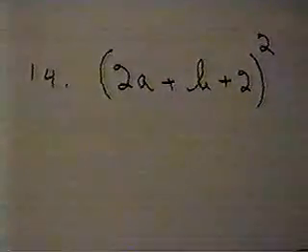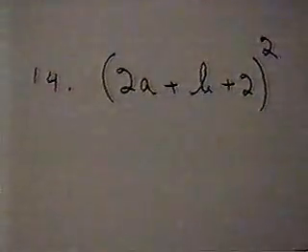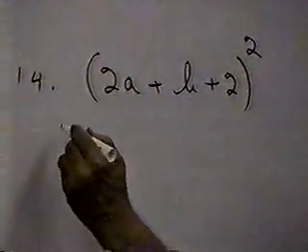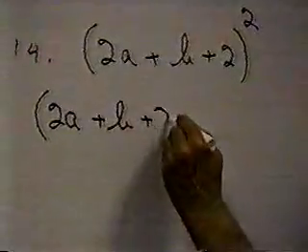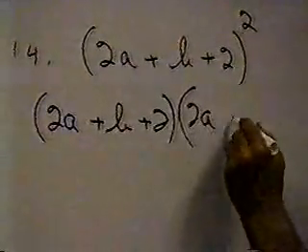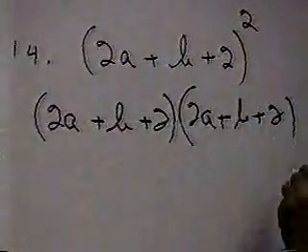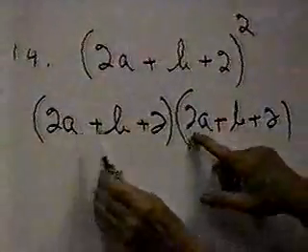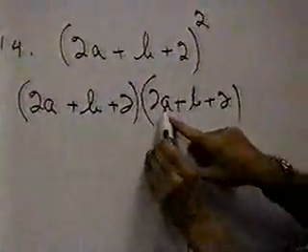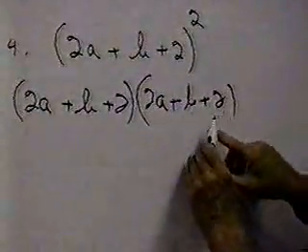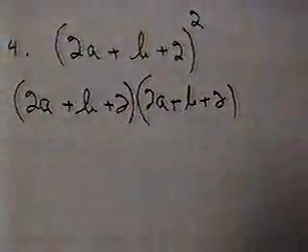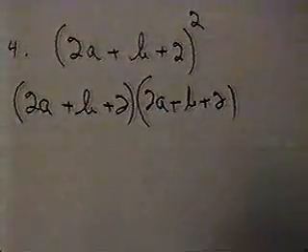And here again, the notes there show the long distributive property. They put 2a plus b plus 2, 2a plus b plus 2, and they go through and multiply. This times every one of these, so you have 2a times this, times this, times this. Then you have this times every one of those, and you have this times every one of those.